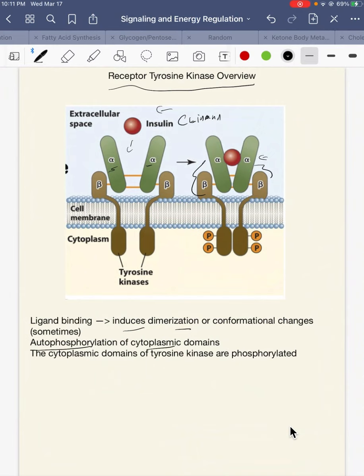So if we look at it, this is the extracellular space. So this is what binds the insulin. You have your cell membrane, and you have your cytoplasm. When the insulin binds on the extracellular space, this induces dimerization and then eventually autophosphorylation in the cytoplasmic domain. This autophosphorylation occurs on tyrosine residues, and it's done by a kinase that the enzyme has.